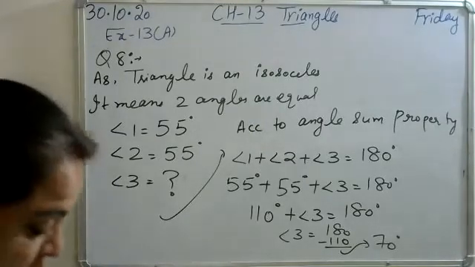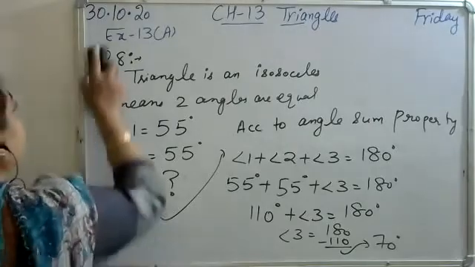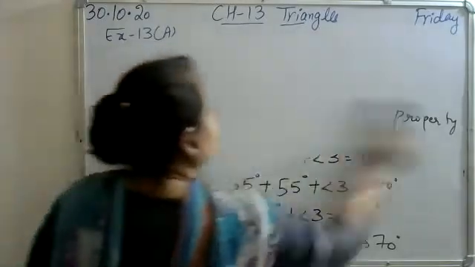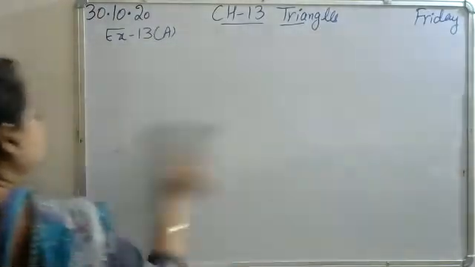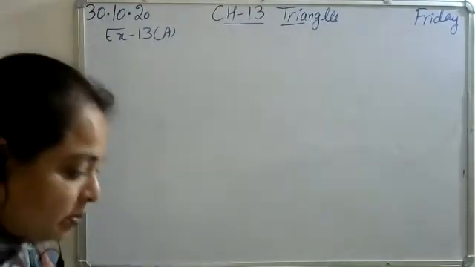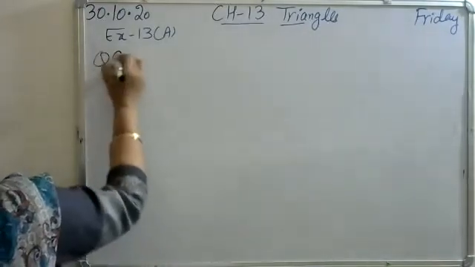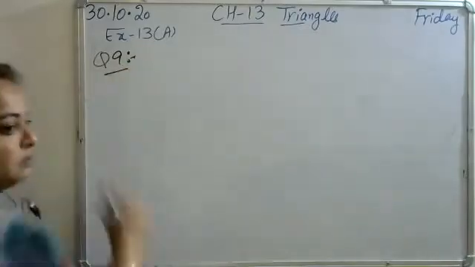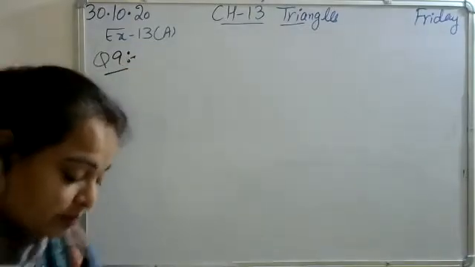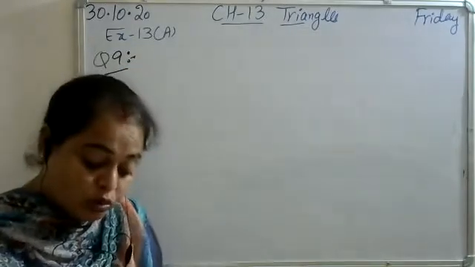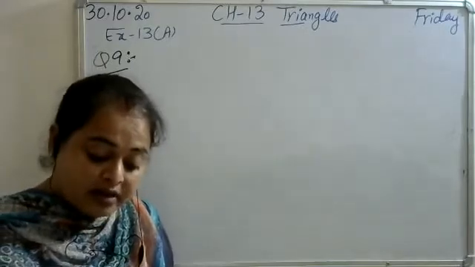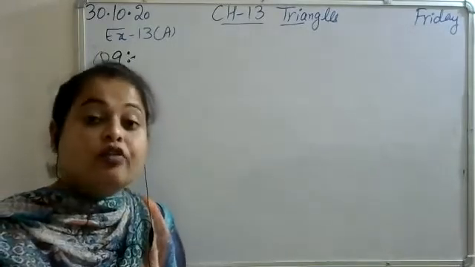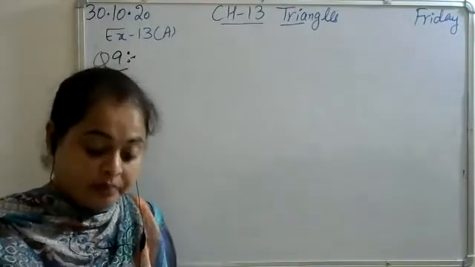Next, come to the 9th question. Question number 9. One of the two acute angles of a right angled triangle is 48 degrees.